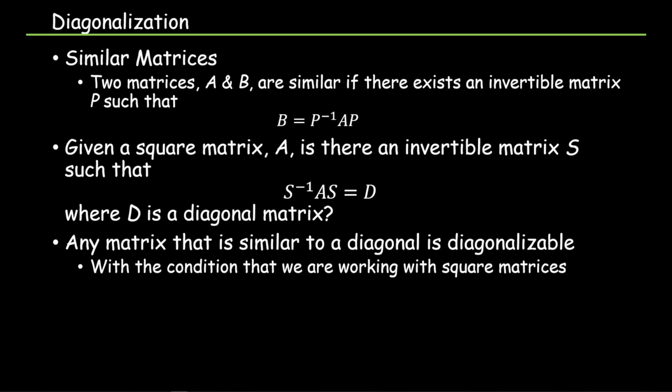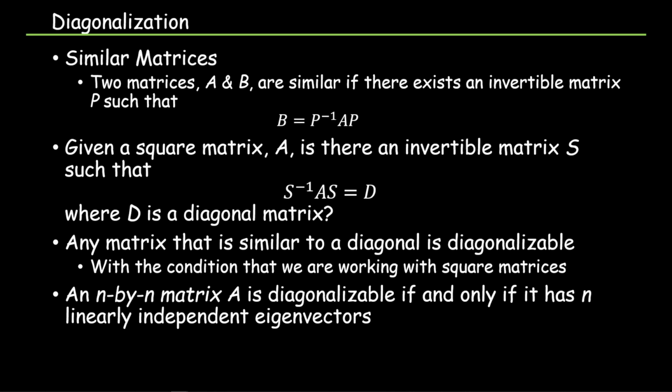Diagonalization is the process of taking an n by n matrix, or a square matrix, and converting it into a diagonal matrix with an invertible matrix that we're going to call S. An n by n matrix is diagonalizable if and only if it has n linearly independent eigenvectors.